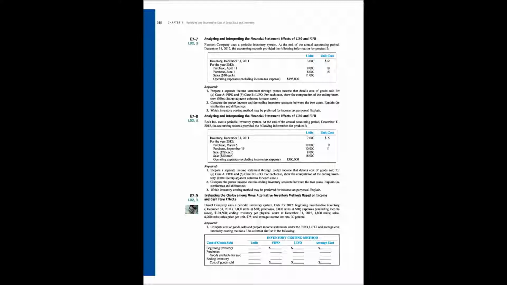So if you use the average method, there is no manipulation because everything is average. So sometimes you don't want to use average, even though average is simpler and maybe more accurate, because you lose your ability to manipulate.